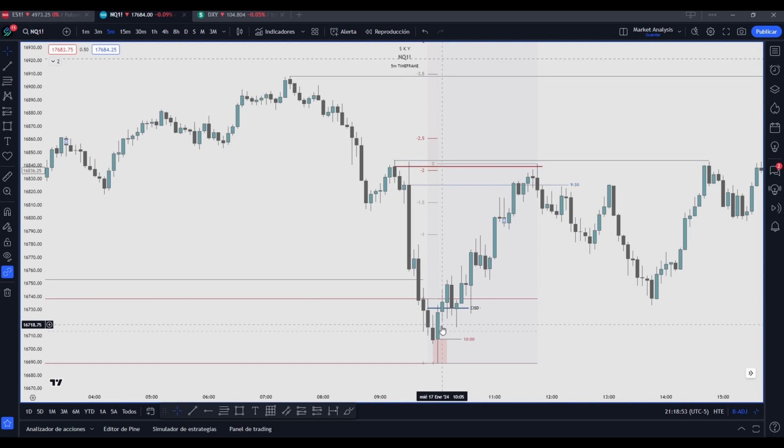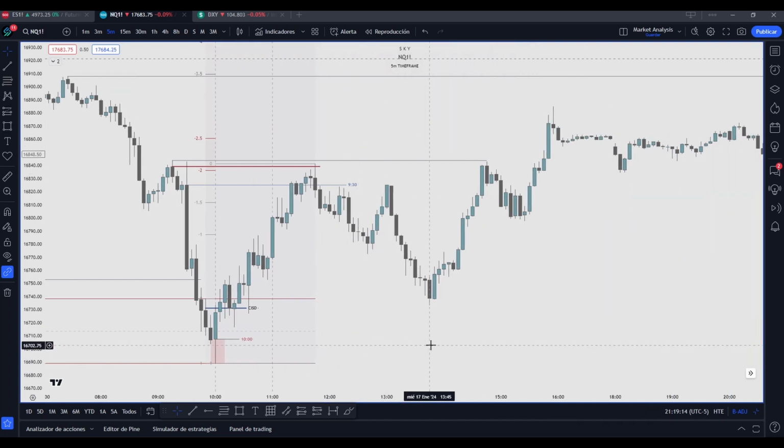And this power of 3 of 4 hour is very powerful, as it will fit most of the time with your silver bullet time windows. So 10:00 to 11:00, or 14:00 to 15:00, I believe.